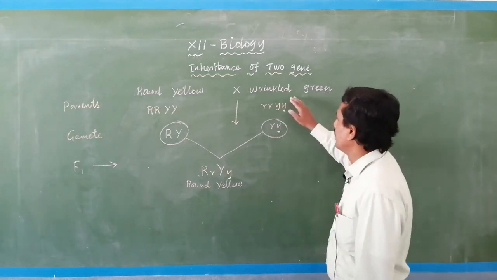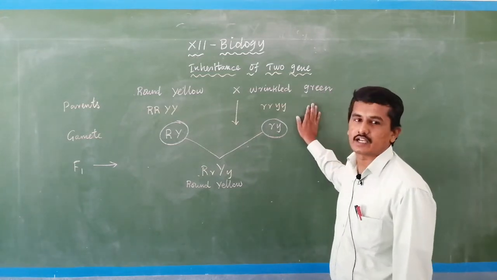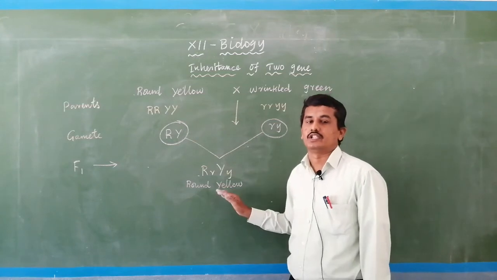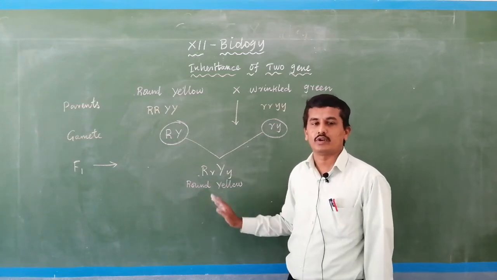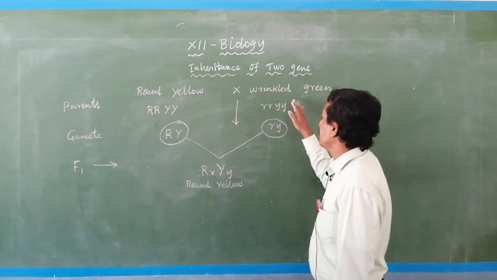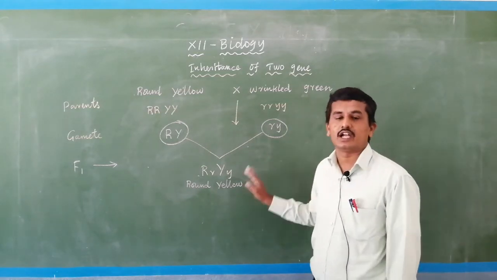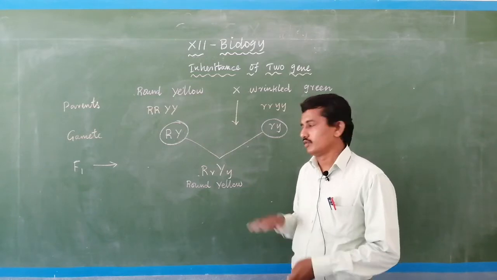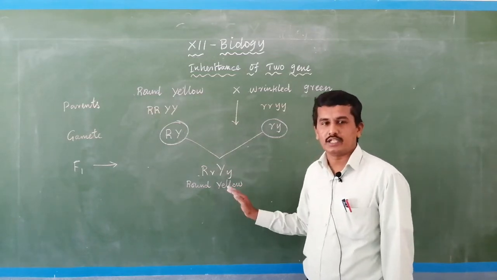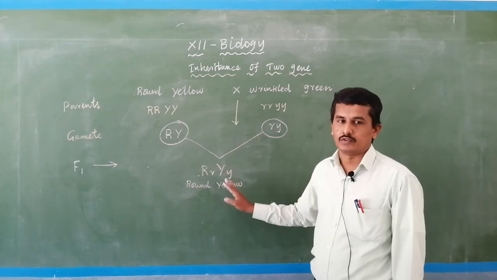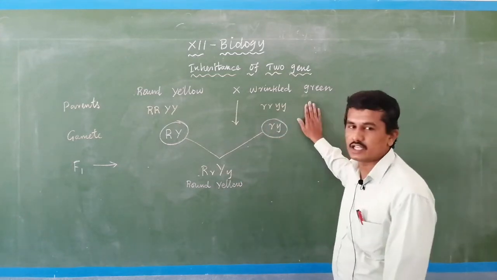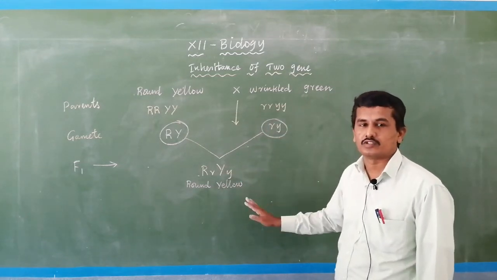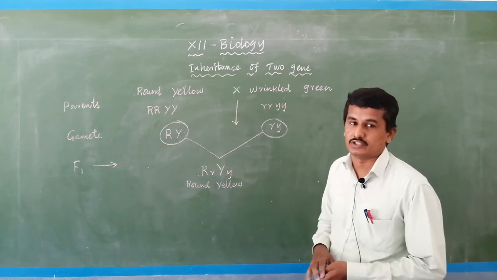For example, wrinkled and green are not expressed in the first generation, or filial 1 generation. So, wrinkled and green is regarded as the recessive trait. Okay. So, round and yellow is dominant because it is expressed in F1 generation, and wrinkled and green is recessive because it is not expressed in F1 generation.